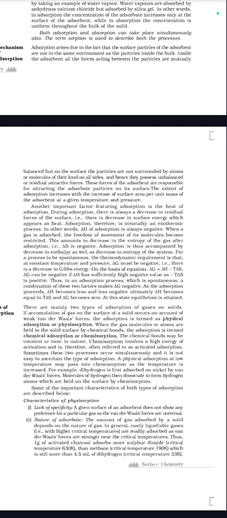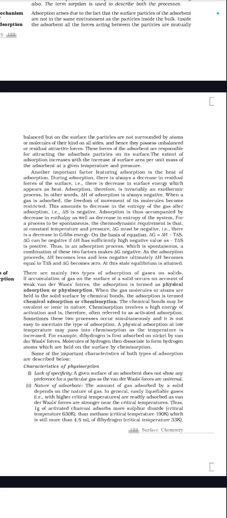These forces of the adsorbent are responsible for attracting the adsorbate particles on its surface. The extent of adsorption increases with the increase of surface area per unit mass of the adsorbent at a given temperature and pressure.